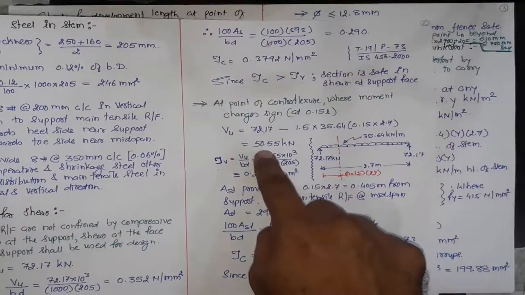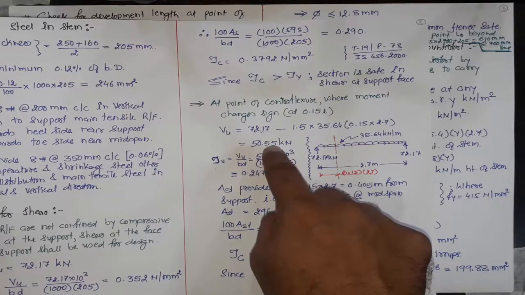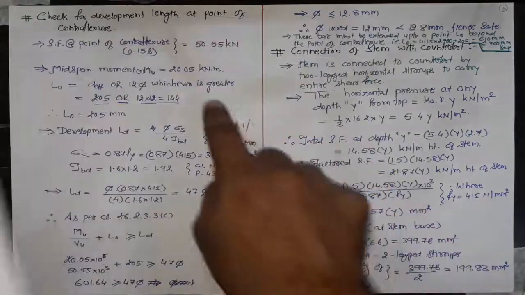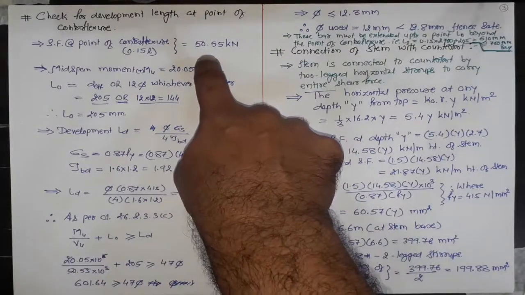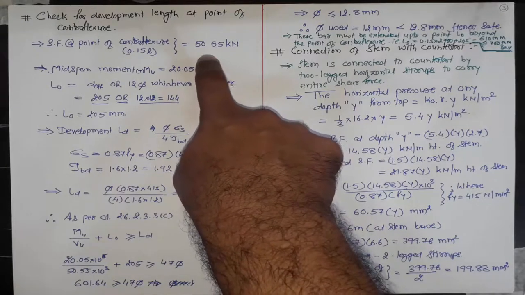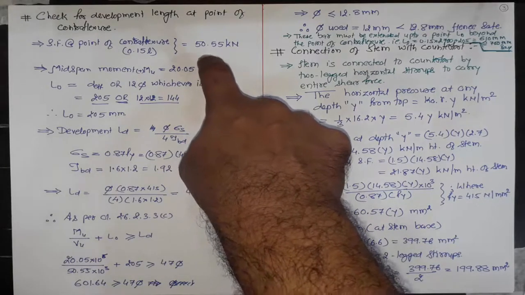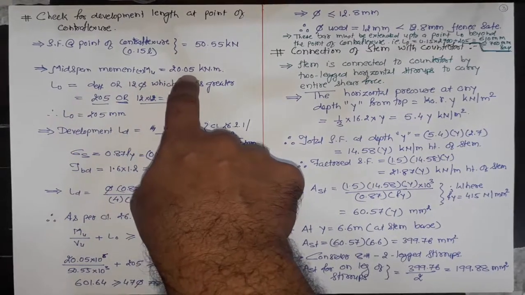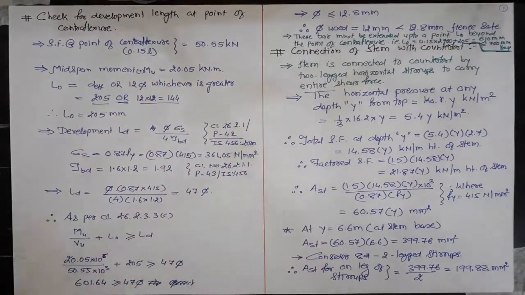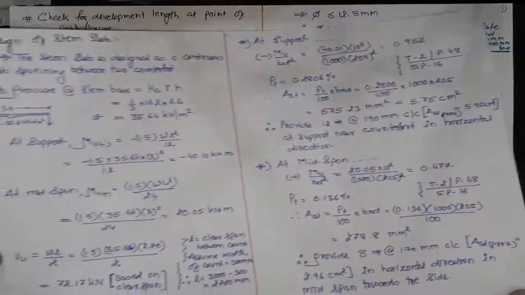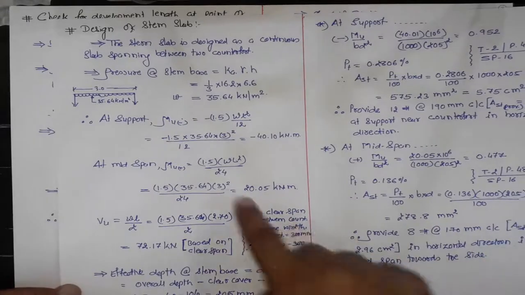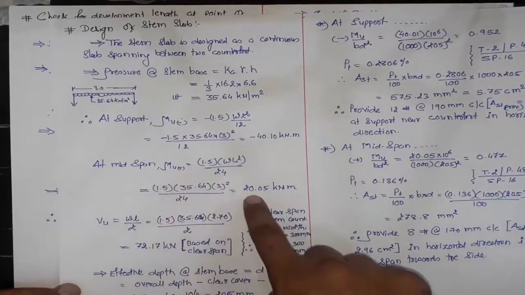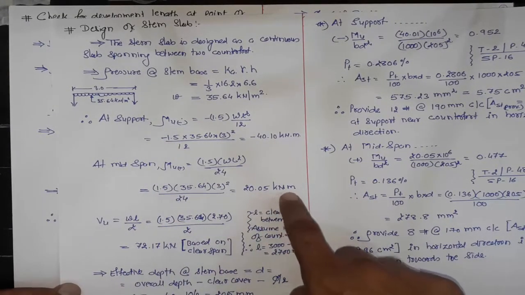This we are using in the calculation for the development length check at point of contraflexure. Mid-span moment Mu is 20.05. This also we have calculated previously. Its mid-span moment is 20.05 kilonewton meter.